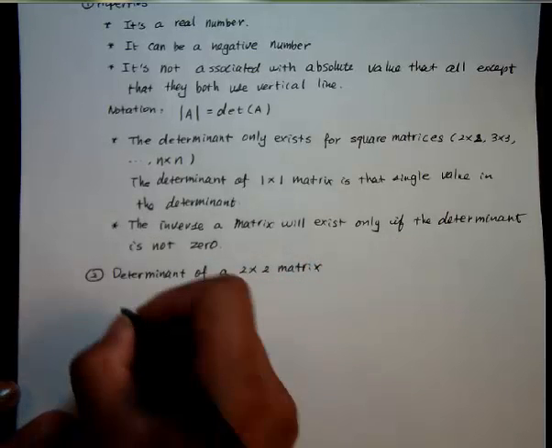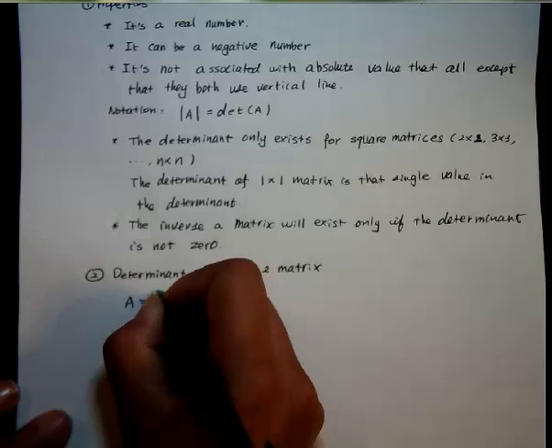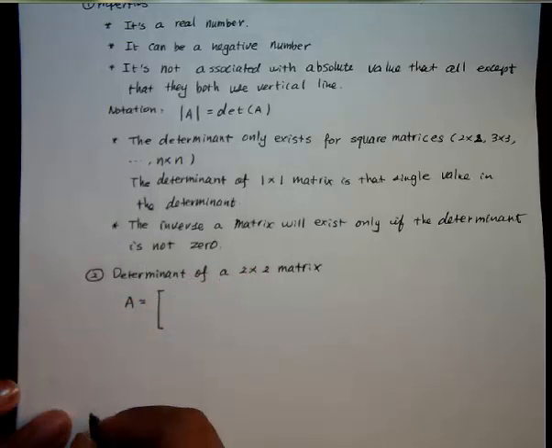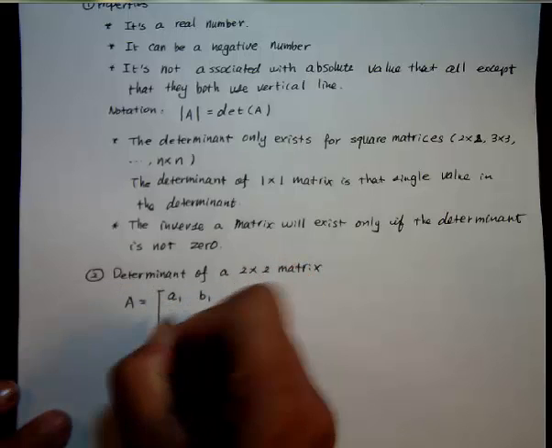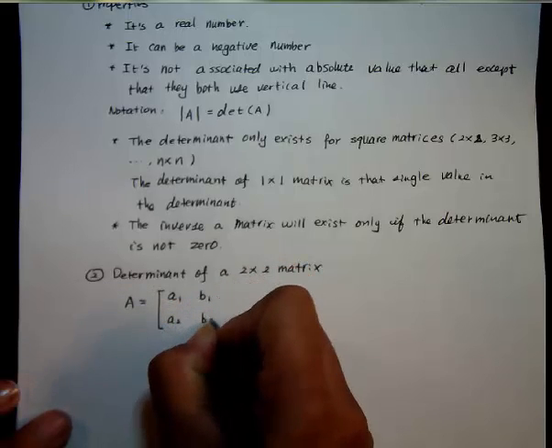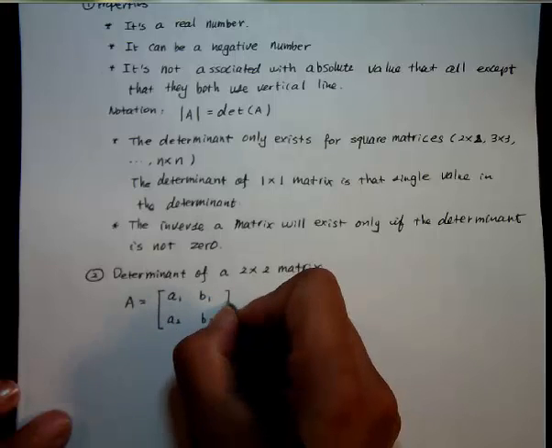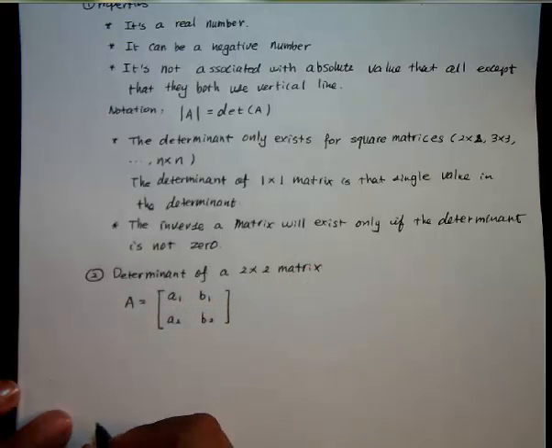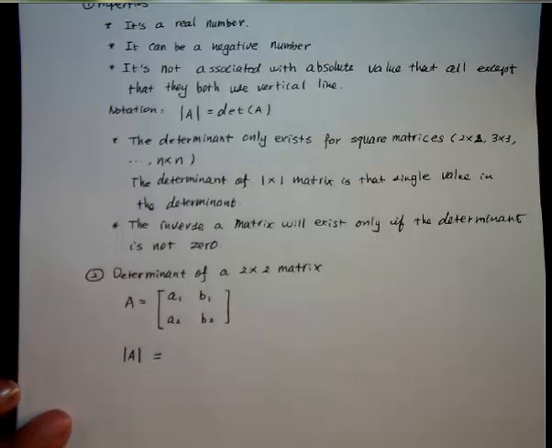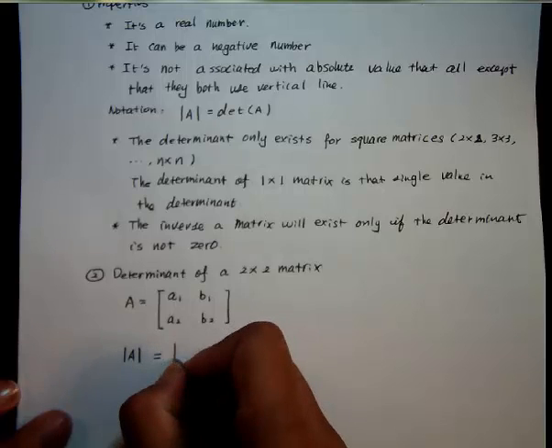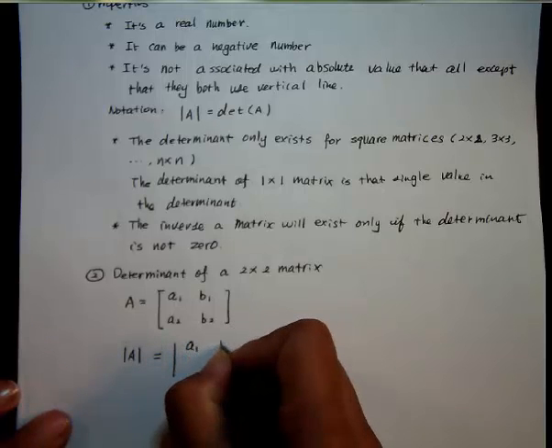Let's say you have a matrix A. It is a1, b1, a2, b2. So that's the row 1, row 2 elements. And we are going to find the determinant of this matrix.